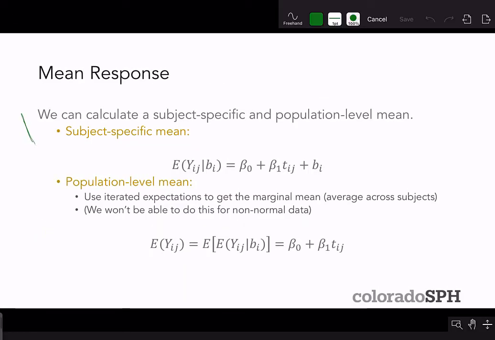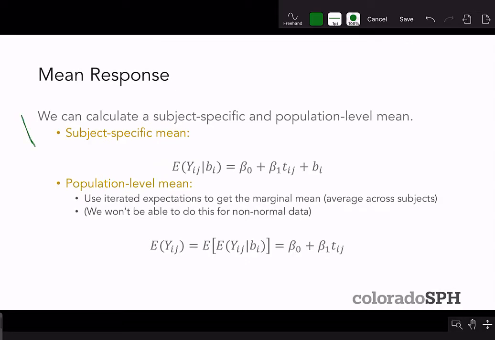So for that model, we can calculate a subject-specific and population-level mean, which I talked a little bit about in a previous slide, but this is specific to this time model. The subject-specific mean is the expectation of yi given the beta i for that subject. And then the population-level mean, you can take the expectation of that.